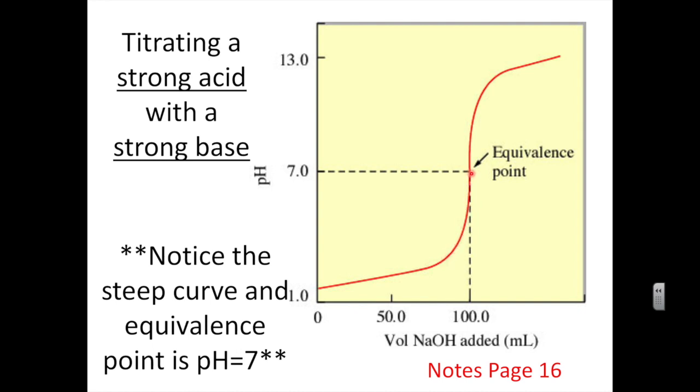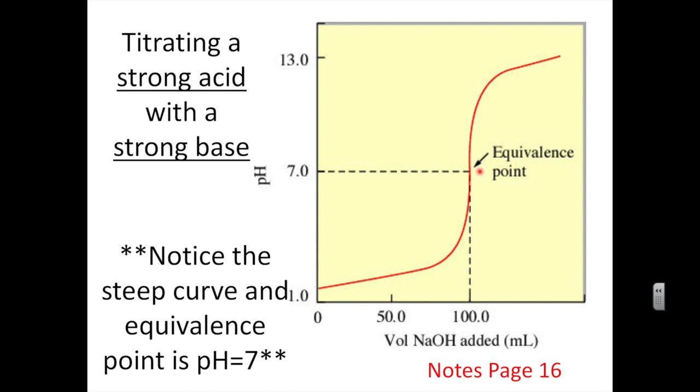Now, this inflection point right here, this equivalence point, is where the moles of acid and the moles of base equal each other. I can tell that because there's the exact same number of acid and exact same amount of base because the pH is 7. Now this is with a strong acid and a strong base.